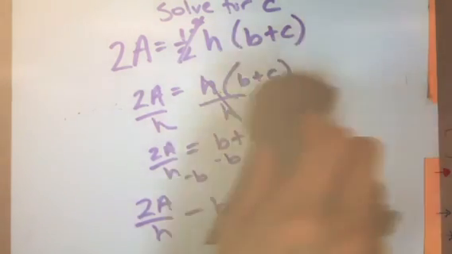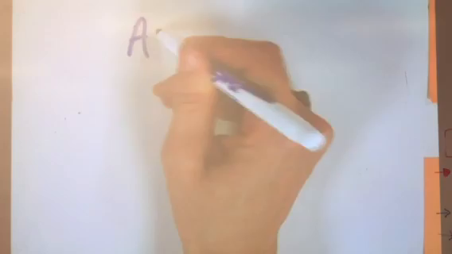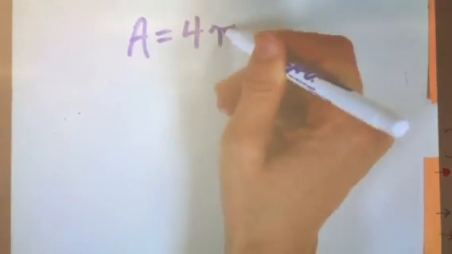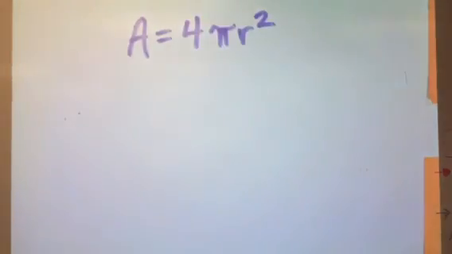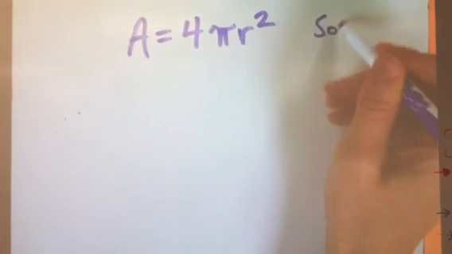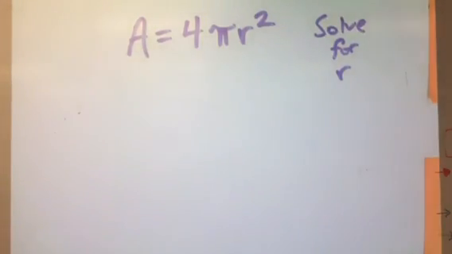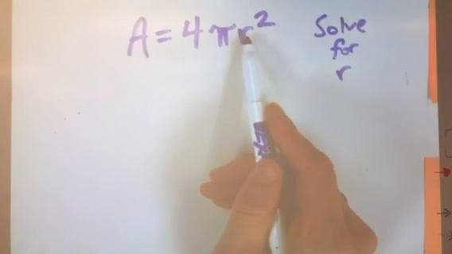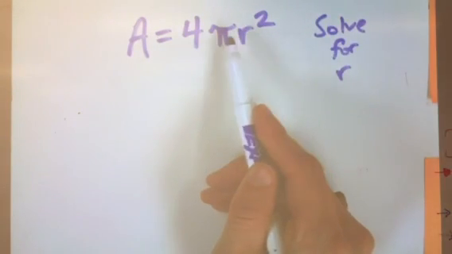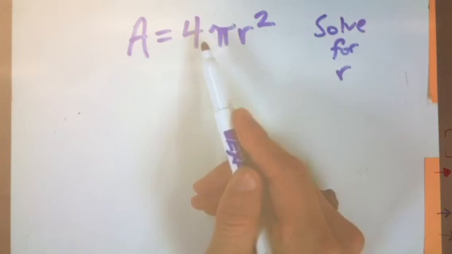I'm going to do another example of A equals 4 pi r squared. Solve for R. So here I have R is squared and multiplied by pi and 4.